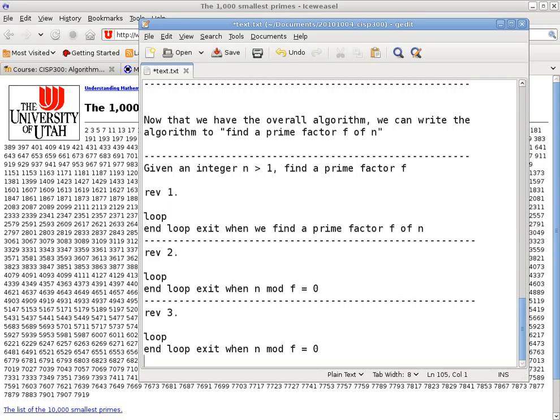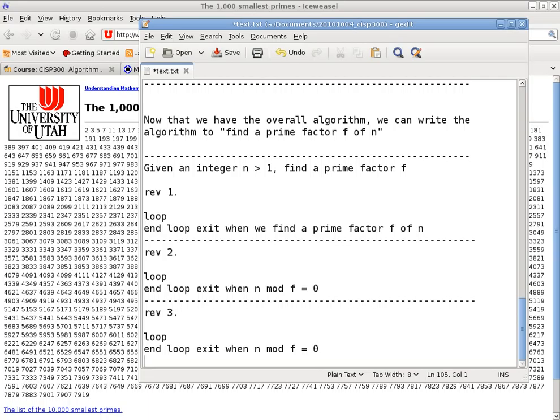And my answer is, I don't know. 3 is a prime number. 2 is a prime number. I just pick something that has nothing to do with n. That's not good. So that means I don't want to modify n because I want to keep using n mod something as the condition to get out of the loop. So that means the only thing I can change is f.